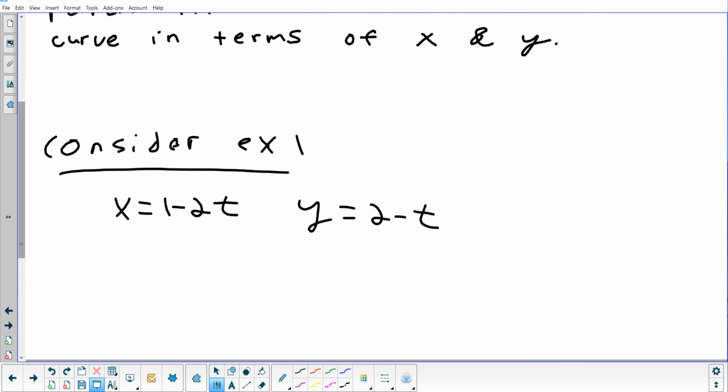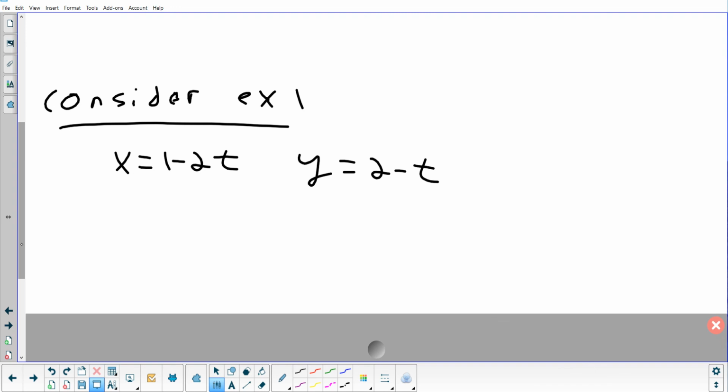So let's look at example 1 again. Here's your formula for x. Here's your formula for y. The goal, when I'm done, is to end up with something like this. Particularly y equals mx plus b, because this is a straight line. If it wasn't a straight line, it might look like something else.